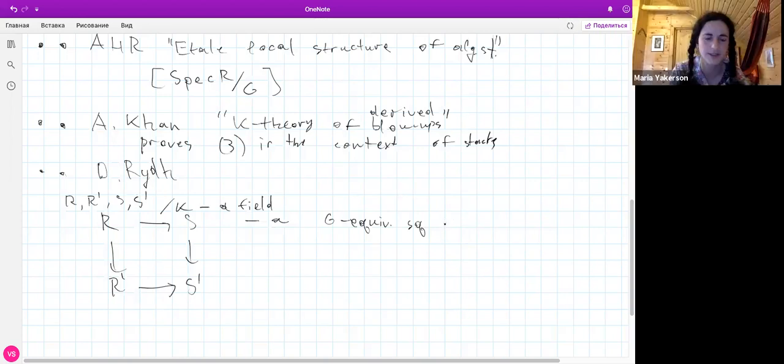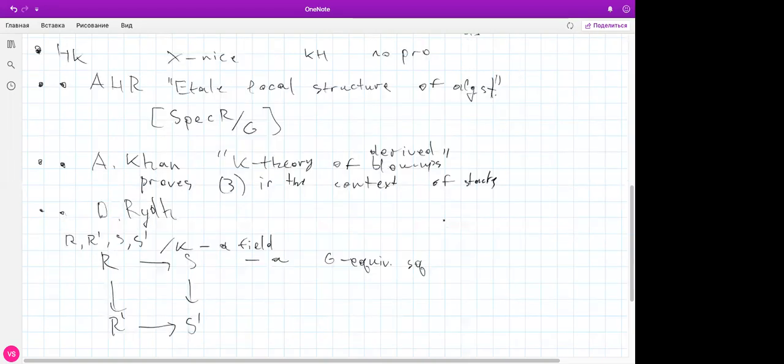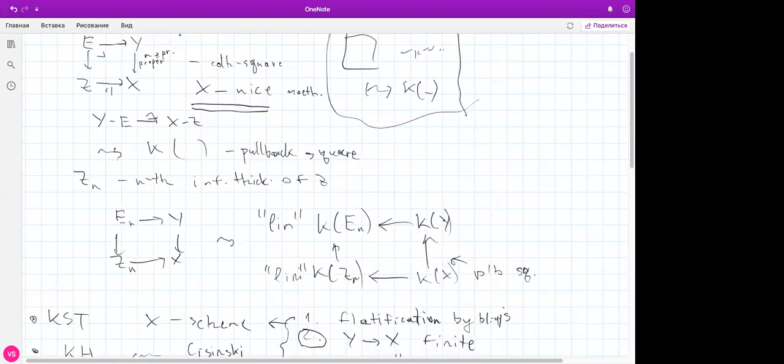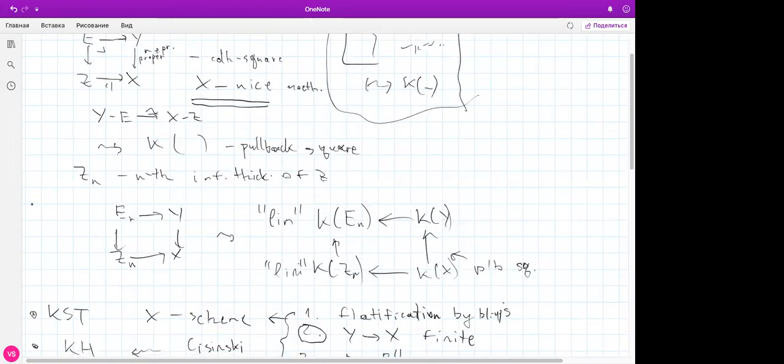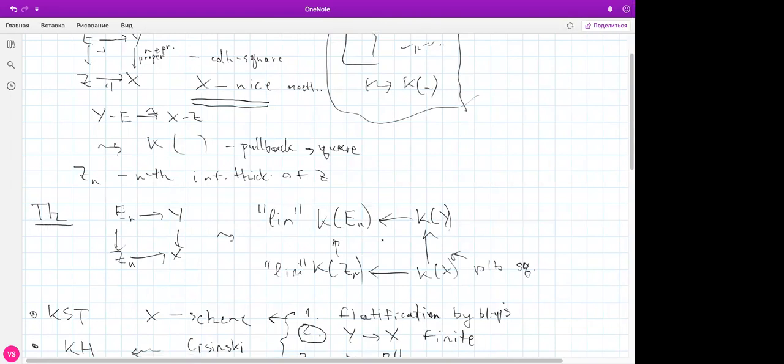Is it what you're stating now, the main statement, or no? Yes, the main statement was already here. Maybe you can write it like a theorem. X is nice, of course. Well, X is the same as above. Yeah, this is the main statement.